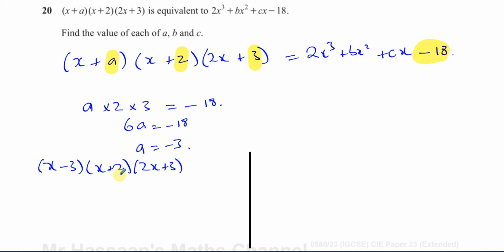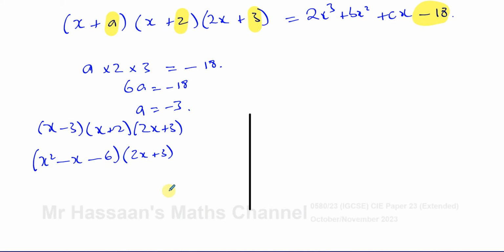For example, they would multiply these two brackets together, which gives x squared plus 2x minus 3x, which is minus x, minus 6. You could also do this using the pattern, because you have just 1x and 1x: x squared plus the sum of these two, minus x, and the product, minus 6, times 2x plus 3. Then they would expand each term.